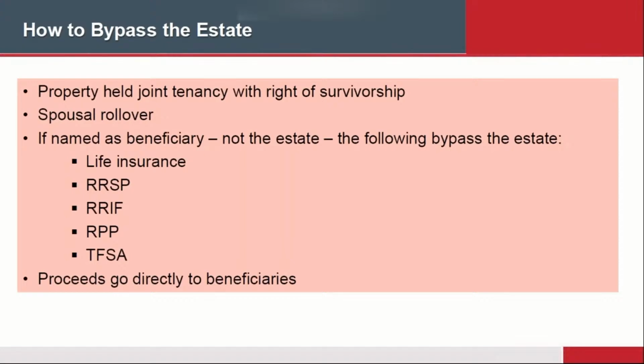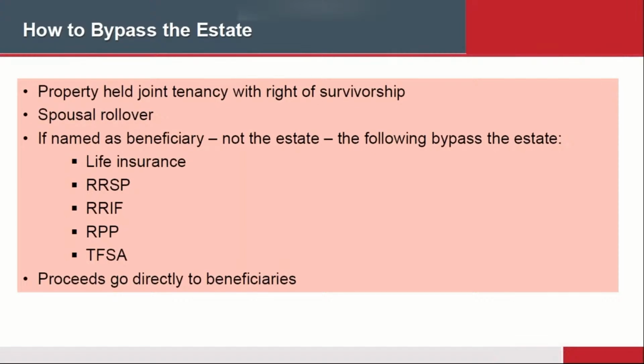Whenever you have a bank account, house, cottage or any account registered on a joint tenancy with right of survivorship, when one person dies, the other automatically steps into their shoes. That's what they call the spousal rollover. That rollover provision means you can defer the taxes until the second person passes away. The spousal rollover is a key element of income tax planning.